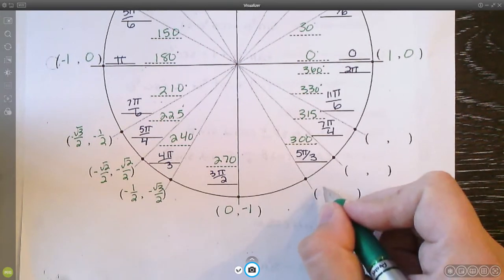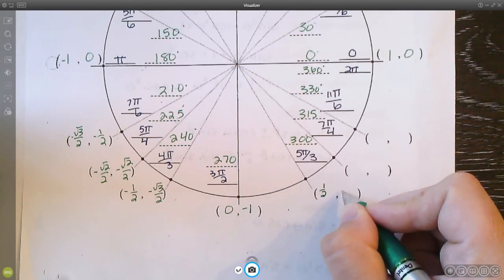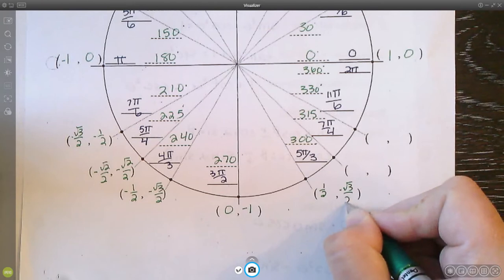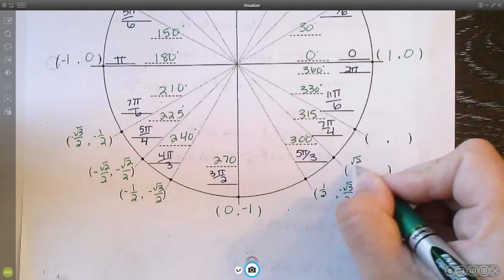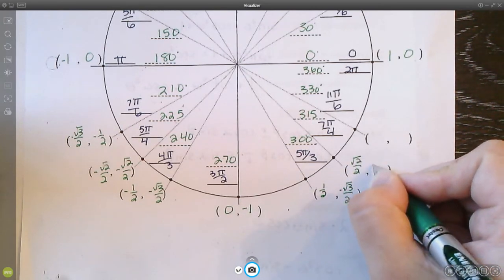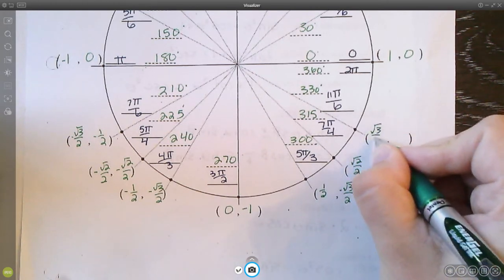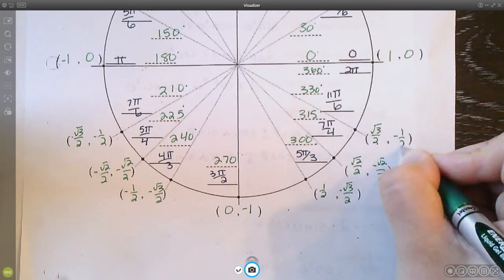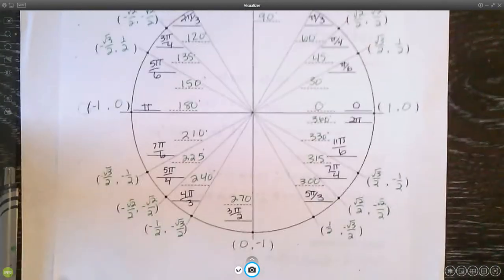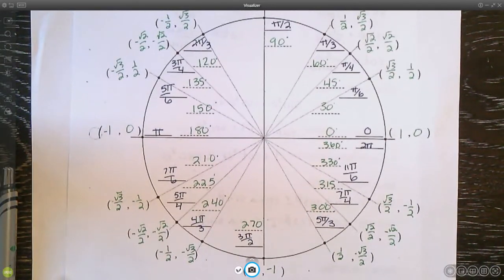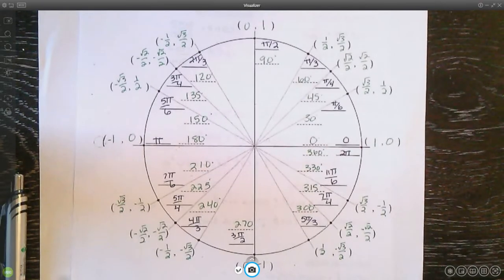And then (1/2, negative root 3 over 2), (root 2 over 2, negative root 2 over 2), and (root 3 over 2, negative 1/2). See if I can get the whole thing.